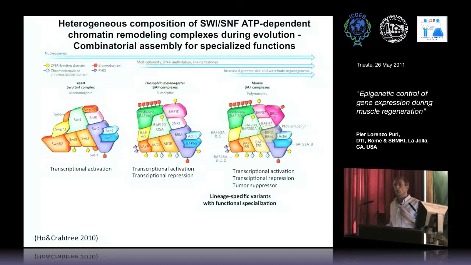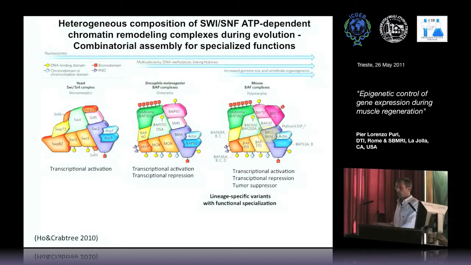So the SWI/SNF complex is an extremely interesting and evolved one. If you look at the composition of this complex from yeast to mammals, you will certainly observe that a number of components is increased, and more than this, some of these components are duplicated, if not triplicated.